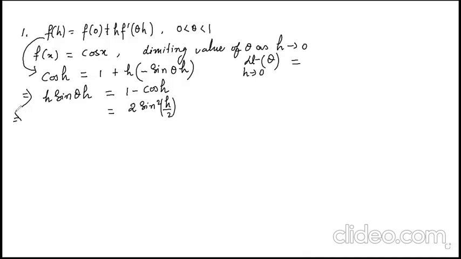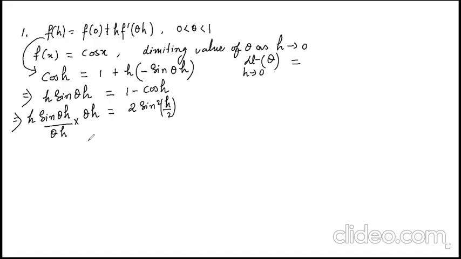Now, look at the left hand side. I need to take the limit as h tends to 0. So I'm making some modification over here: h sin theta h, multiplying and dividing the expression by theta h. The expression remains the same if you multiply and divide by the same quantity.